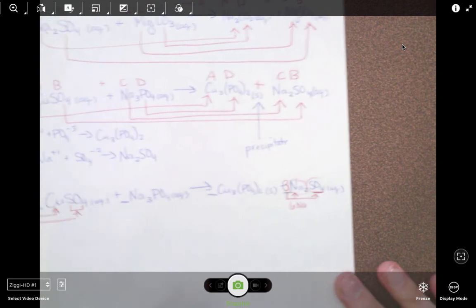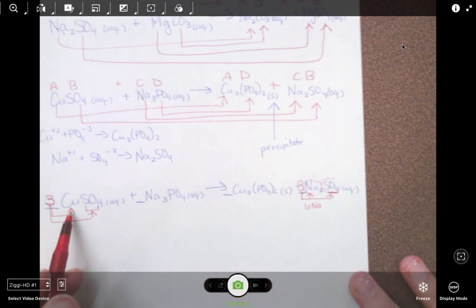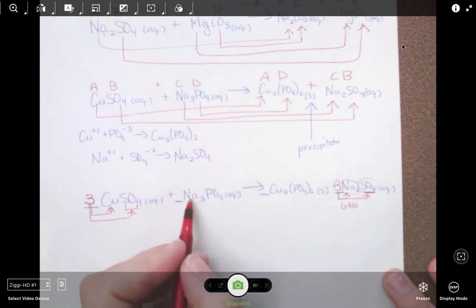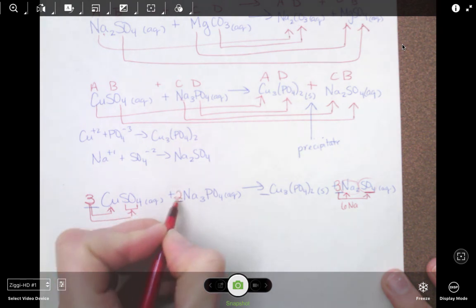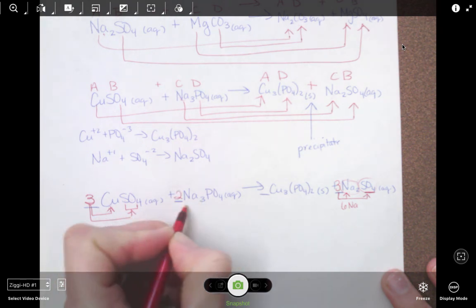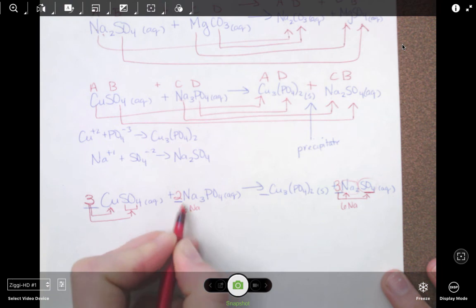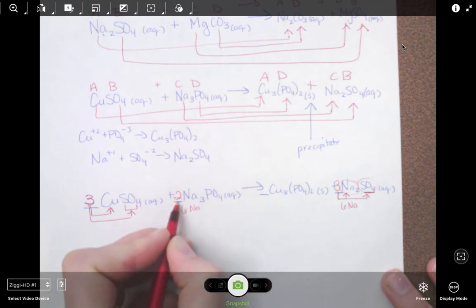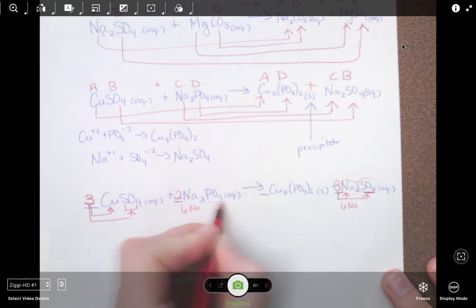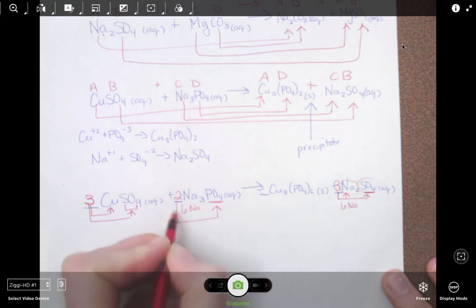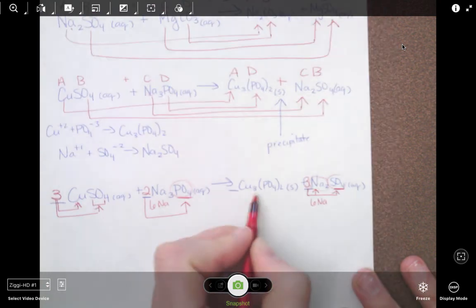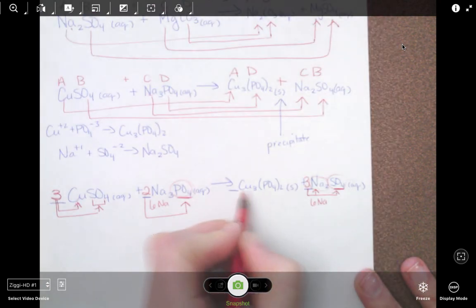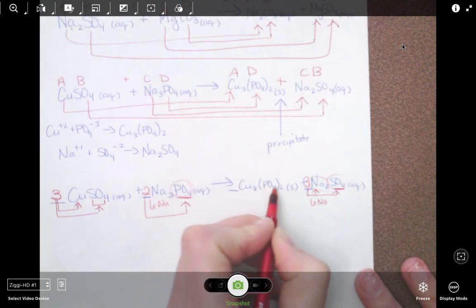Okay, so my sulfates are now even, my copper is now even. Coming back over here, because I had to put a 3 here, I now have 6 sodiums. I would need to put a 2 here because these multiply. 2 times 3 is 6 sodiums, so now those are even. And this 2 distributes also to the phosphate. So I have 1 phosphate right here. Well, I now have 2 of them because the 2 distributes to the entire phosphate. Well, if you look over here, I already took care of my coppers. I have 3 coppers here. And look, I have 2 phosphates.